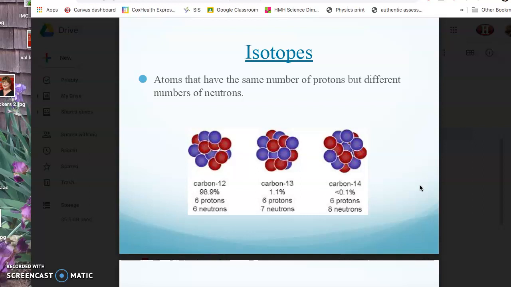Carbon 12 actually has 6 protons and 6 neutrons. Carbon 13 has 6 protons, but it's got 7 neutrons. Carbon 14 has 6 protons and 8 neutrons. So to be carbon, you have to have the 6 protons, but you can have different numbers of neutrons, which means you can be a heavier or a lighter version of that atom.